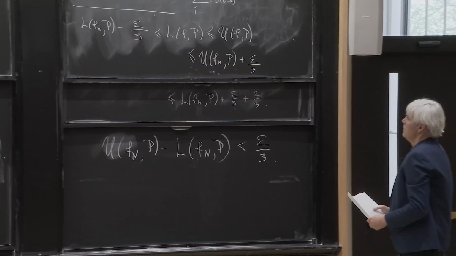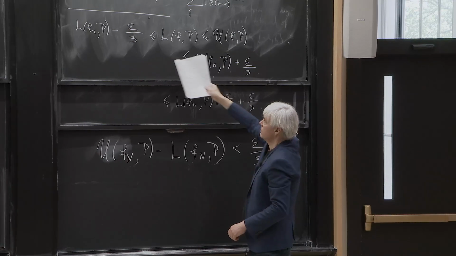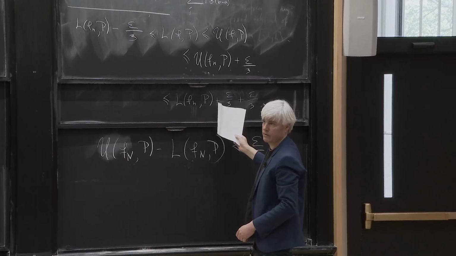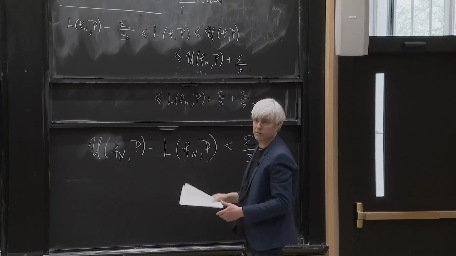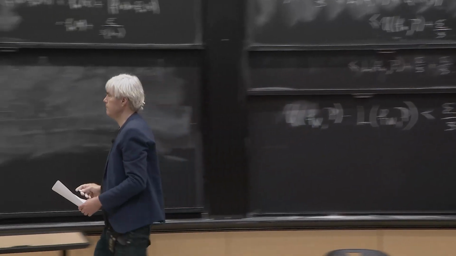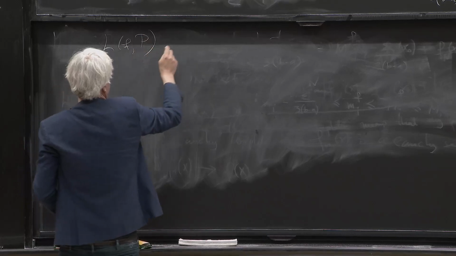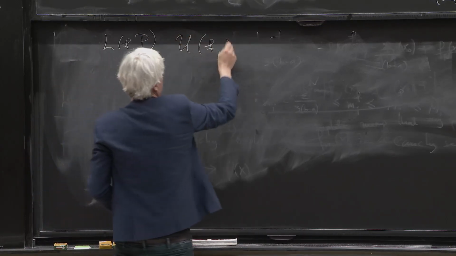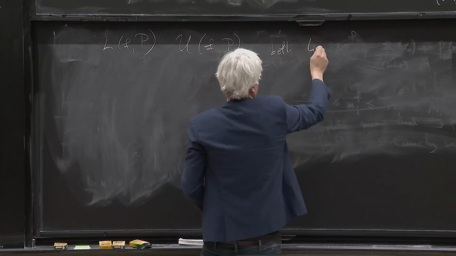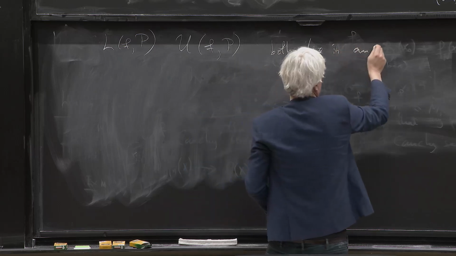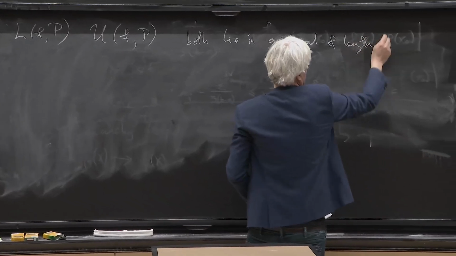Right? And so you see that those two things, this here and that here, are squeezed in an interval of length epsilon, right? So this means that the difference between these two is bounded by epsilon. So LF with respect to this partition and UF with respect to P both lie in an interval of length epsilon, right?